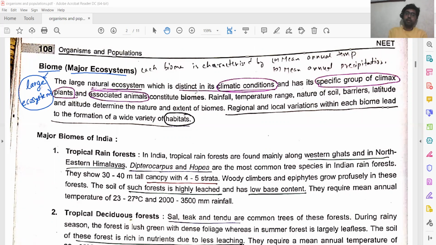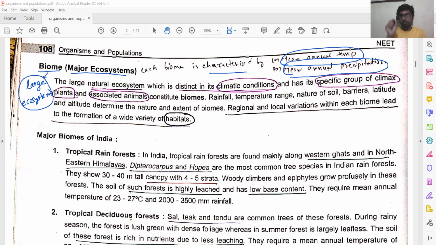Now, each biome is characterized. Each biome is characterized means it has a special feature by which it is recognized: mean annual temperature, means the average temperature of the biome in the whole year, and mean annual precipitation, means annual rainfall as well as snowfall.